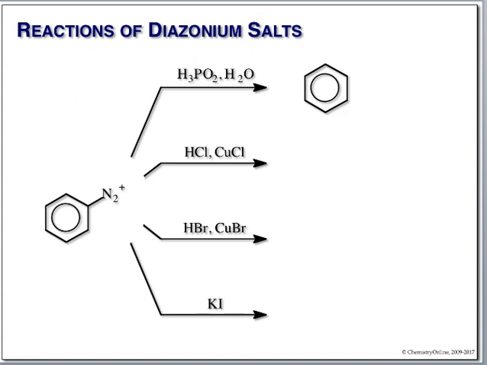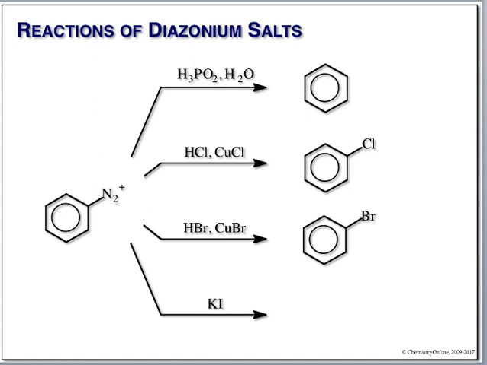If you take copper(I) chloride in the presence of HCl, you can displace this and actually replace the diazonium with a halogen. That's kind of neat. You can do the same thing with bromine. Again, copper(I) bromide, HBr. We get bromobenzene. And finally, iodine is so reactive, you don't even need the copper.